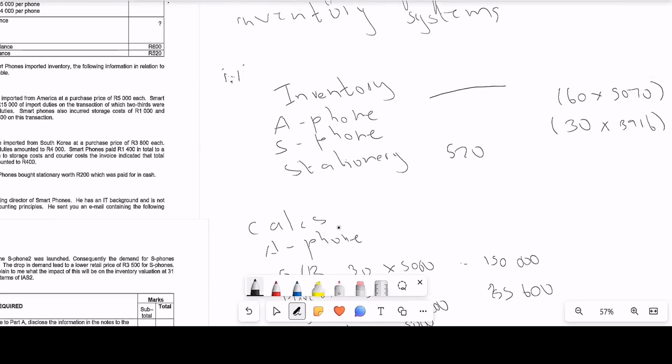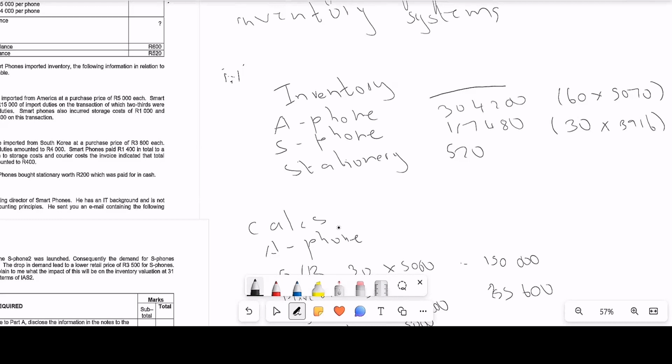So it's going to be 30 times 3,916, which is 117,480. And for the A phone, it's going to be 60 times 5,070, which is 304,200.